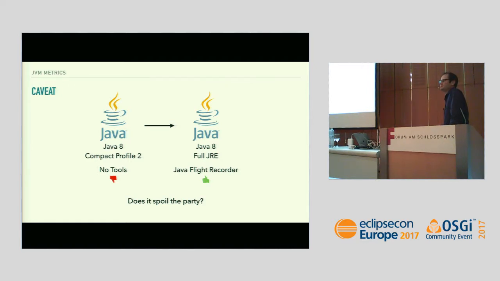We downloaded and built it for the ARM, and managed to put it on, at least for the development firmwares, and that was good. We just put it there and kept them running in the hope to see this error again. But of course, all the time we were not sure if that spoils the party, if that bug really still occurs with this full JRE.